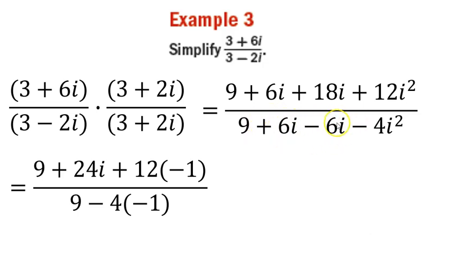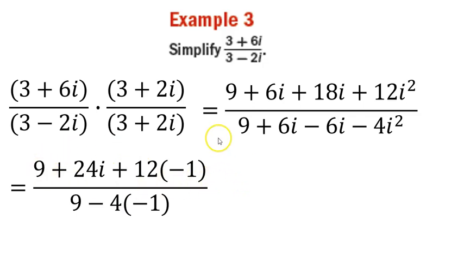These two cancel out because they're opposites. And then this i squared is -1. So what's nice here is that all of a sudden in the denominator, we have a real number, which was the idea of multiplying by the complex conjugate of the denominator.